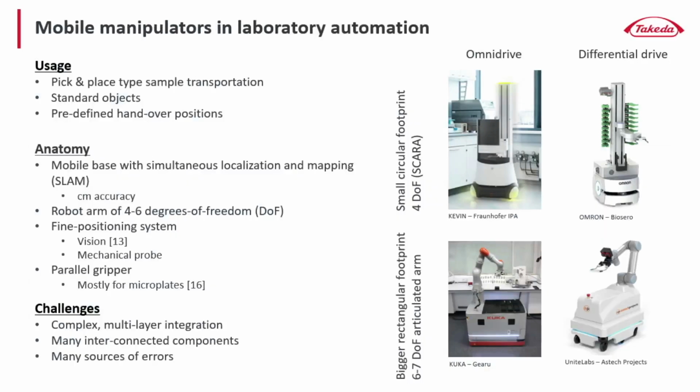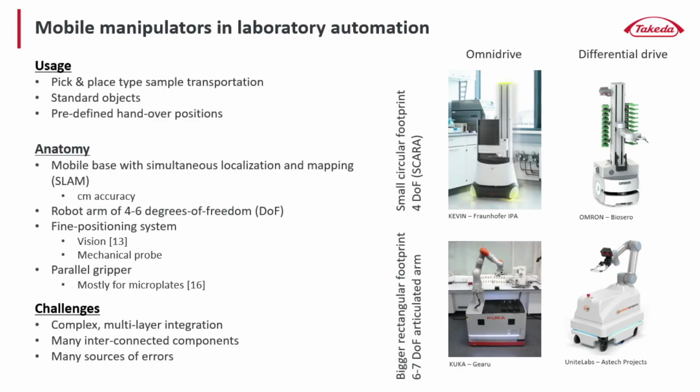That's why multiple solution providers have already launched their mobile manipulators, primarily for pick-and-place sample transportation of standardized labware from predefined positions between devices and laboratory components. These mostly share the same anatomy.